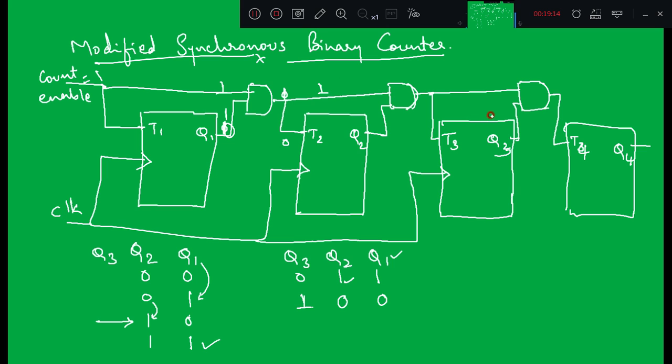So the problem we discussed in the last circuit is overcome, because the number of inputs is going to remain the same for all the AND gates, they are not increasing. So this is the modified synchronous binary counter circuit.